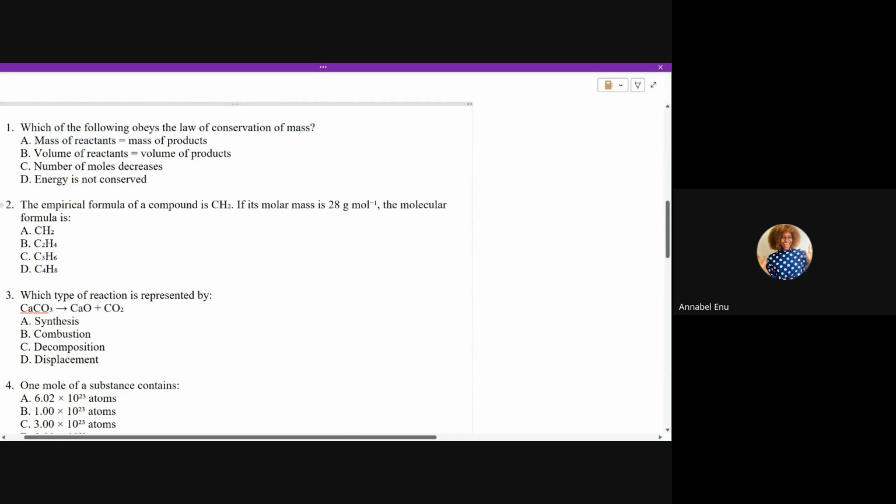Then from the empirical formula, we can solve it to be equal to 28. Where we would now have carbon to be 12.